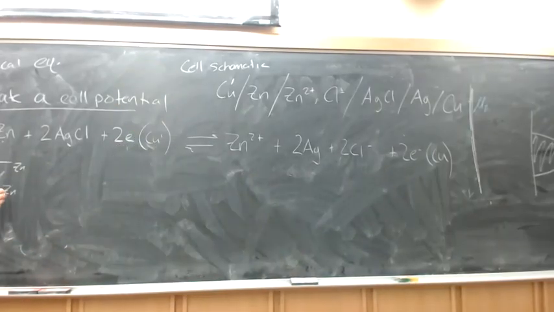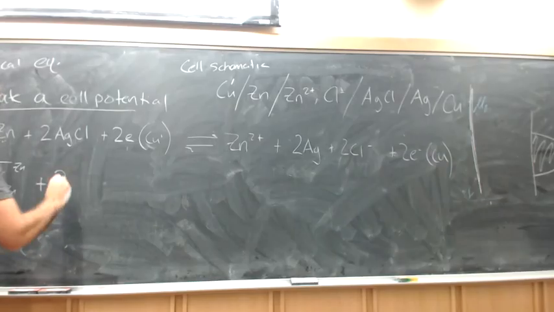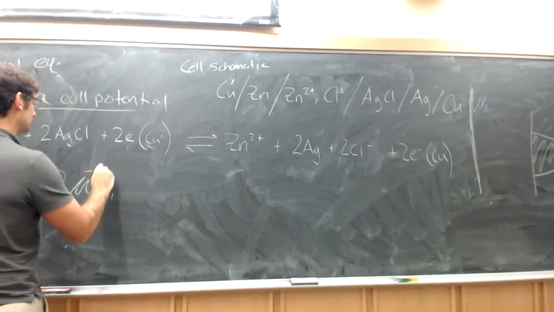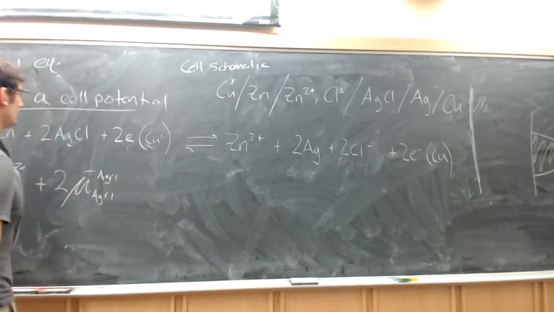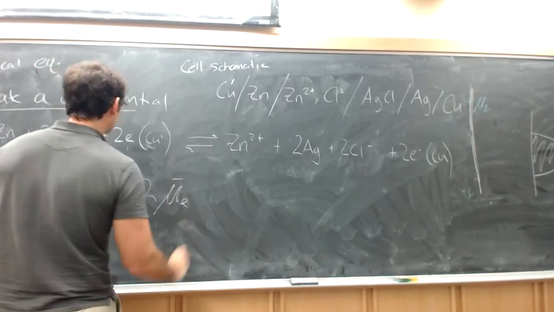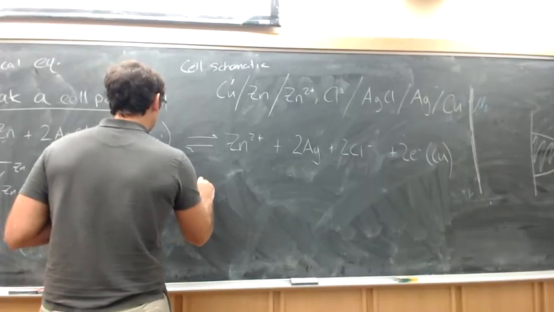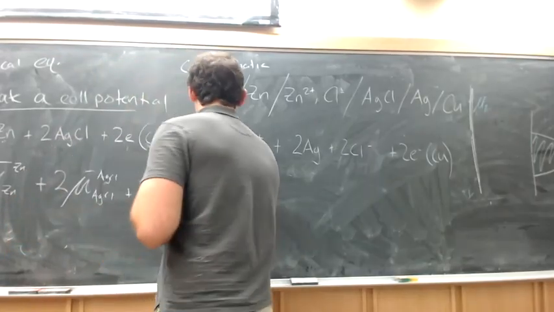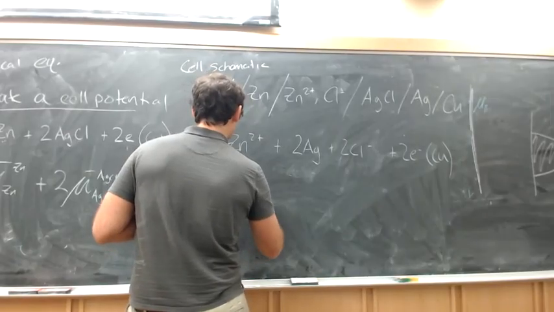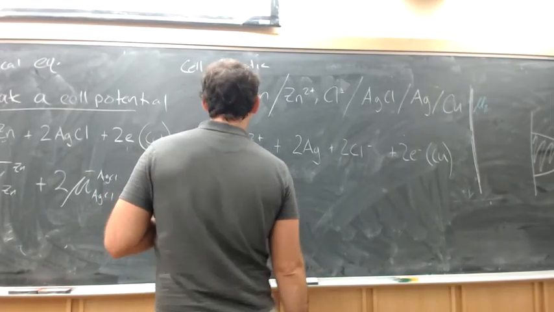So the electrochemical potential of zinc in zinc plus 2, plus 2 times the electrochemical potential of AgCl in AgCl, plus 2 times the electrochemical potential of the electrons in copper prime, right? That has to equal the electrochemical potential of zinc 2 plus in the electrolyte.